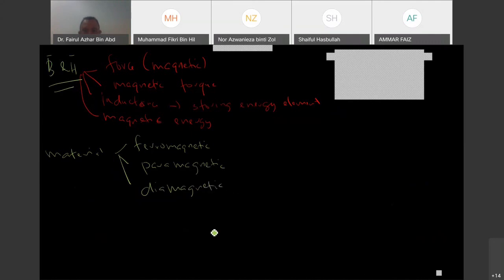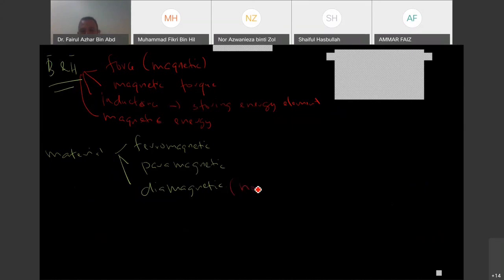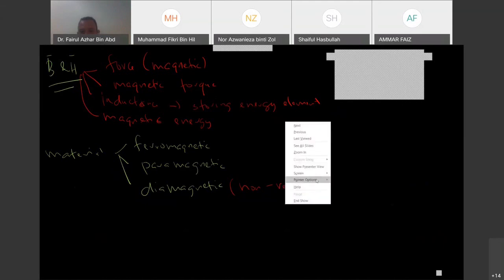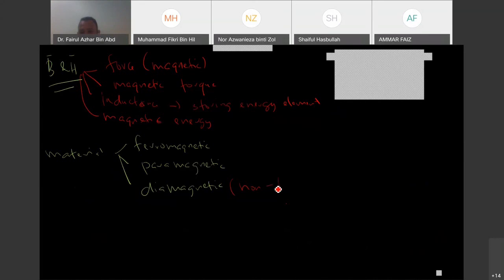Some reference books use the term non-ferromagnetic to refer to the diamagnetic material type inside a magnetic field.